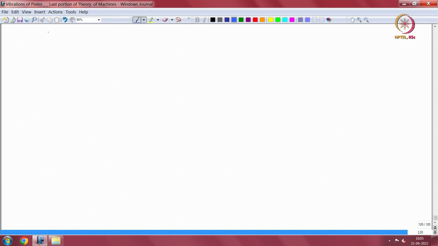We will look at an example of a simply supported beam.